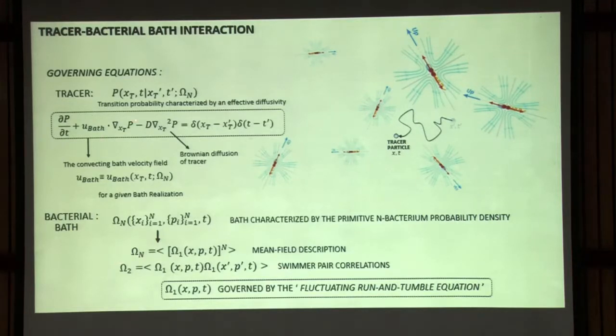Okay, so the idea is the following. I calculate omega 1 from the fluctuating run and tumble equation, and then I use omega 1 to calculate the bath velocity field. From the bath velocity field, I use the Green-Kubo relation to go to the diffusivity, and the average involves the average over the statistics of the bacterial bath. Okay?